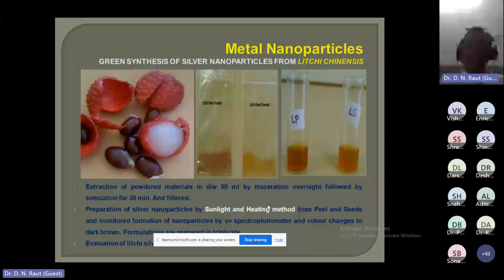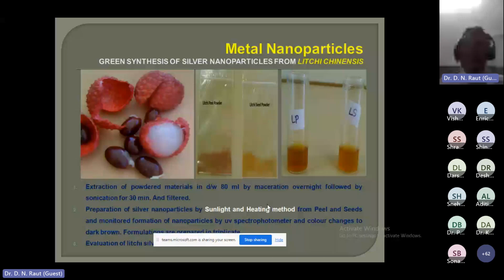And chemical methods are also already available, using external reducing agents and capping agents that we can add to prepare silver nanoparticles. The difference in this study is that we are using plant-based chemicals.